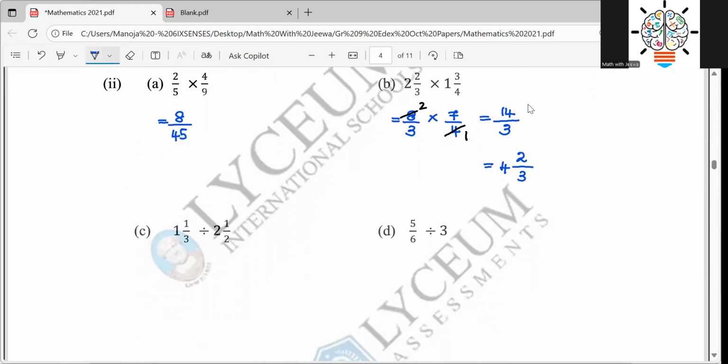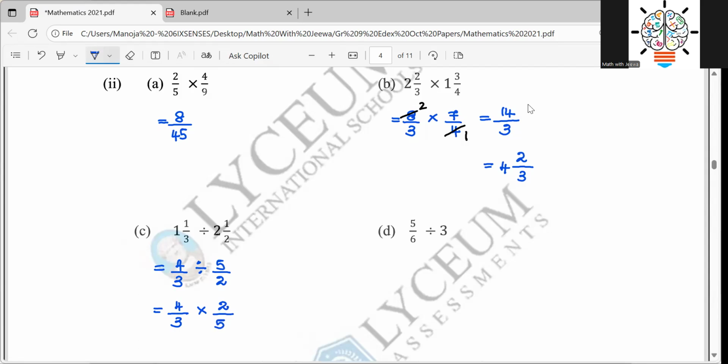Then here also you can first convert the mixed numbers into improper fractions. 3 times 1, 3. 3 plus 1, 4. 4 over 3. Divided by 2 times 2, 4. 4 plus 1, 5. 5 over 2. Right? So then here 4 over 3 multiplied by 2 over 5.